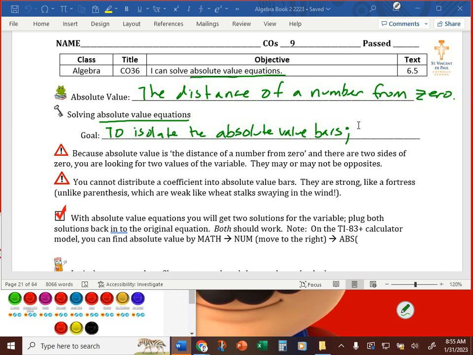Our first step is to isolate the absolute value bars and then set up 2 equations to solve.